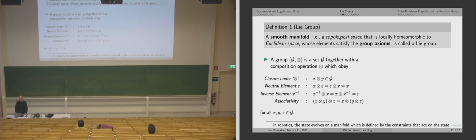So X, let's say, plus or times the inverse is equal to the neutral element. In the case of multiplication, this would be the reciprocal. So A times the inverse of A is equal to 1. In the case of addition, this would be the opposite. So if you have, let's say, 5 plus minus 5, then you get 0.